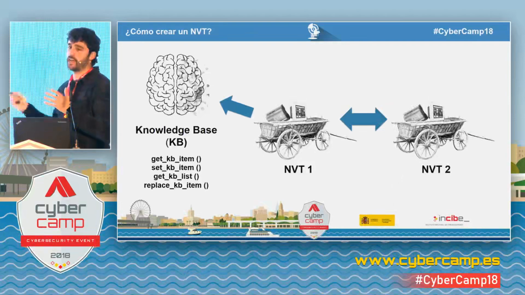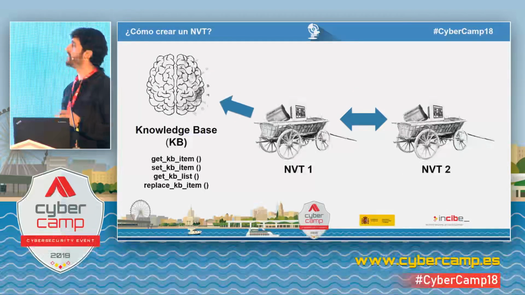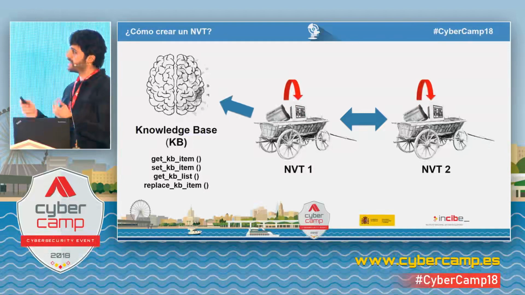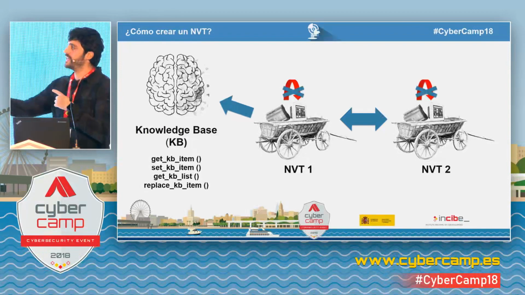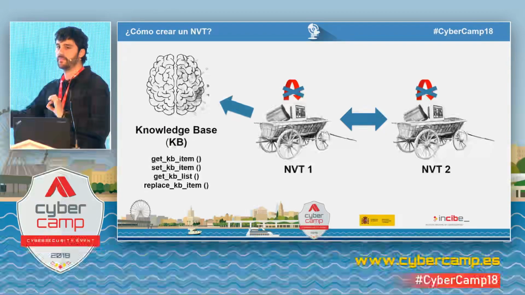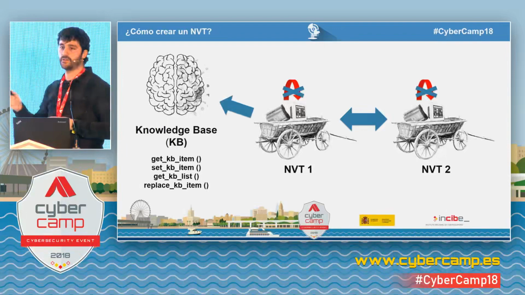Then I create a second NVT, and then I relate them. And then a very important concept when it comes to creating an NVT is the following. If I create NVT1, and then if I fill it in with information, this is information that I cannot use in the very same NVT. So that means that I have to link the various NVTs.